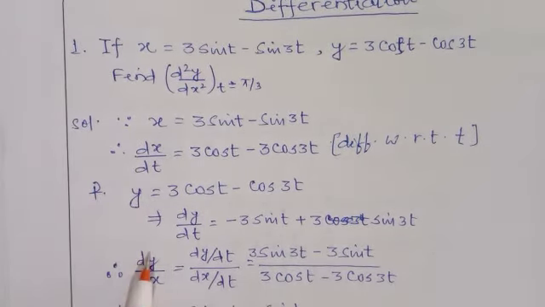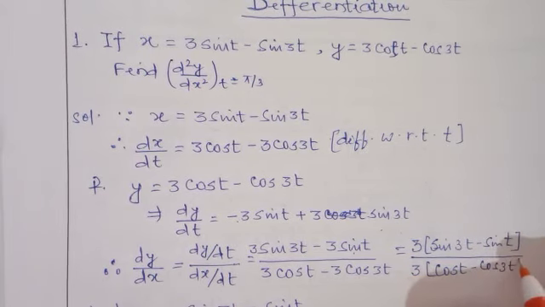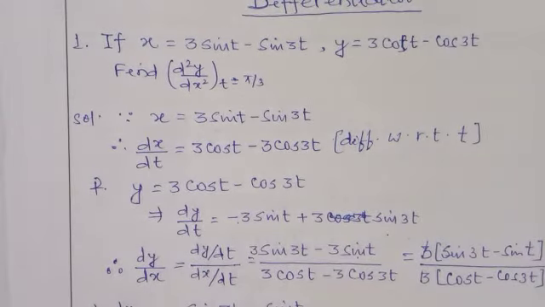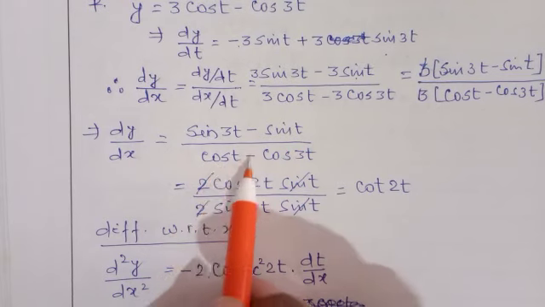After taking 3 as common, it should be 3 times sin 3t minus sin t, upon, take 3 common in the denominator also, cos t minus cos 3t. So 3 and 3 should be cancelled. How much is left? dy by dx is now equal to sin 3t minus sin t upon cos t minus cos 3t.